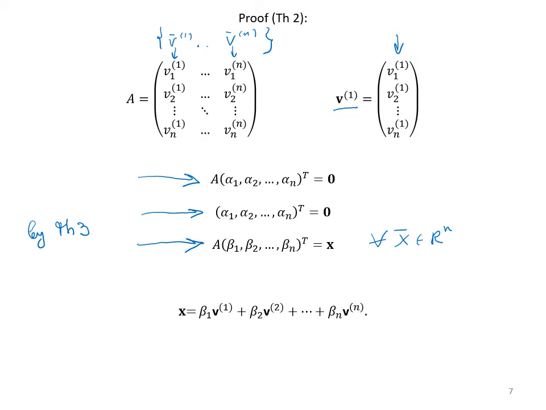At the same time, this is equivalent to the statement that for any x from n-dimensional real-valued space there exists a unique collection of constants beta 1, beta 2, beta n such that vector x is a linear combination of vectors v and these constants beta. Theorem is proved.